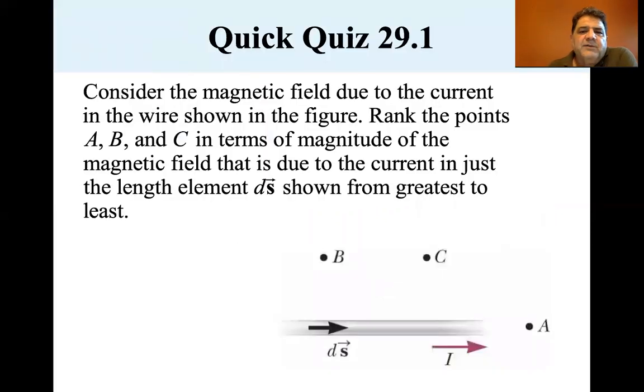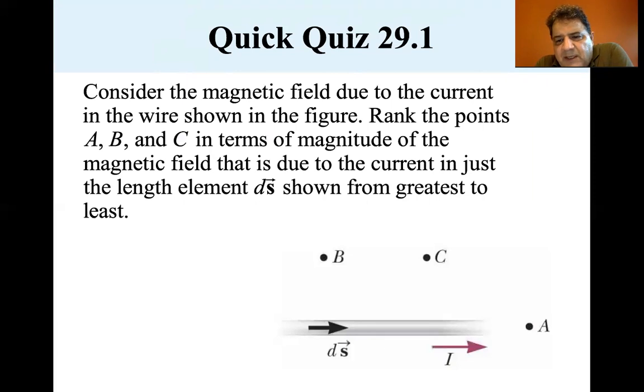Here's a quick quiz. Consider the magnetic field due to the current in the wire shown in the figure. Rank the points A, B, and C in terms of the magnitude of the magnetic field that is due to the current in just the length element ds, that little portion shown, from the greatest to the least.